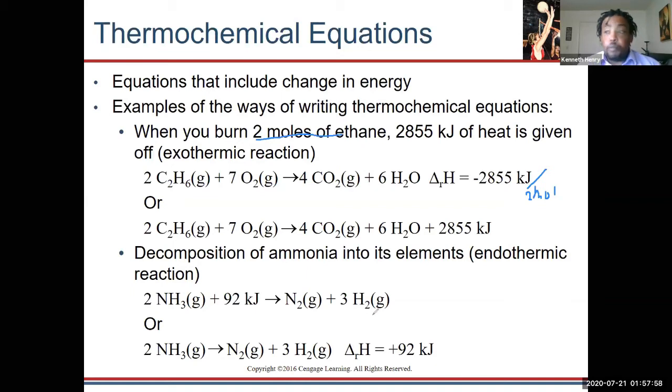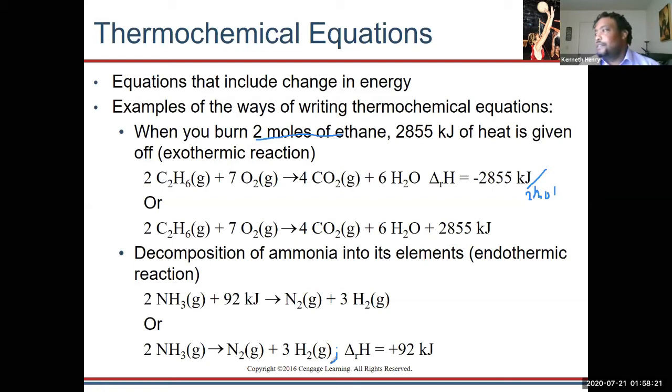Basically, we have to put energy in to break those bonds so that we can get these products. That's an endothermic reaction, and that's how we show that we're putting energy in. The other way of showing that we're putting energy in is that we use a plus 92 over here, and this is kind of like just putting a semicolon.